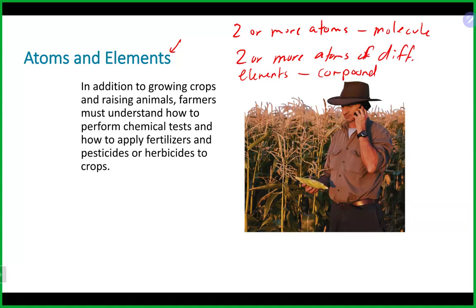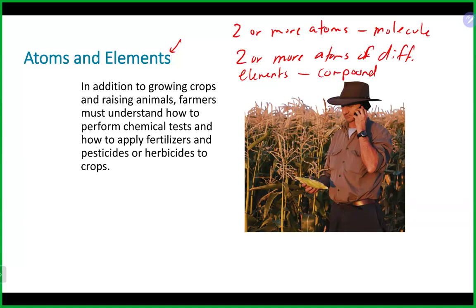A molecule, in order for something to be a molecule, you really just need a basic definition of 2 or more atoms together. Now, those 2 atoms could be the same element. They could be different elements. But that's really just how you can think of it like a basic definition. In order for it to be a molecule, all I need is 2 or more atoms, 2 the same, 2 different, or more.